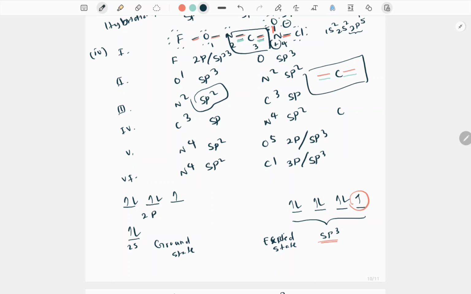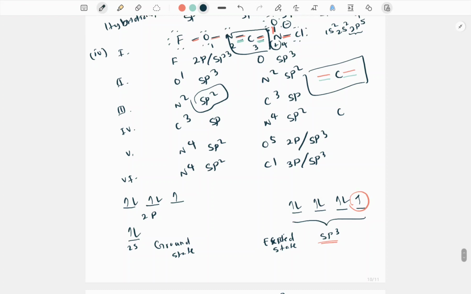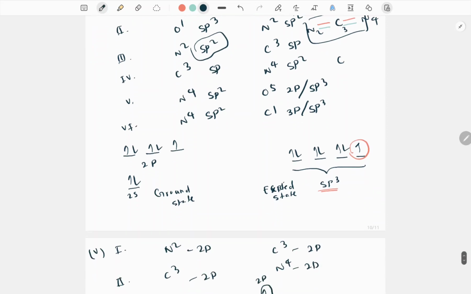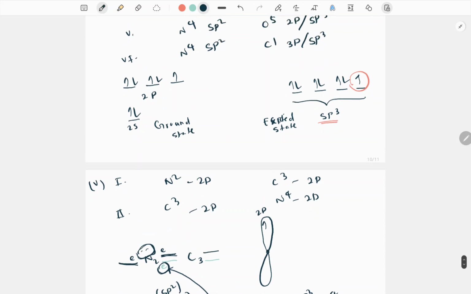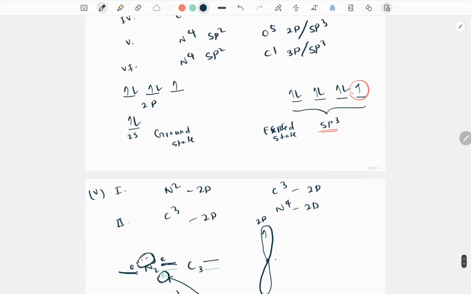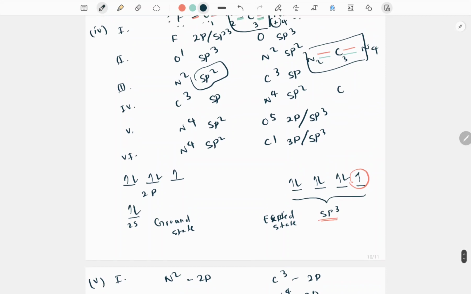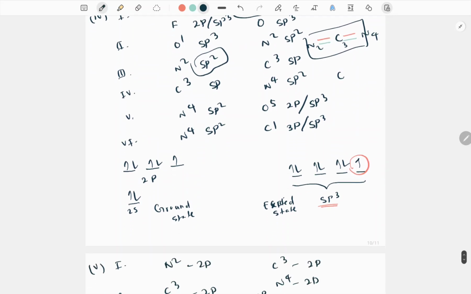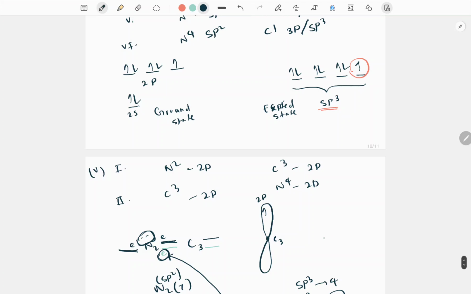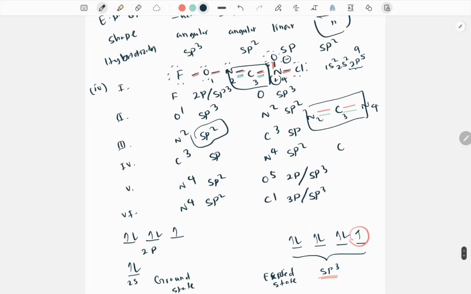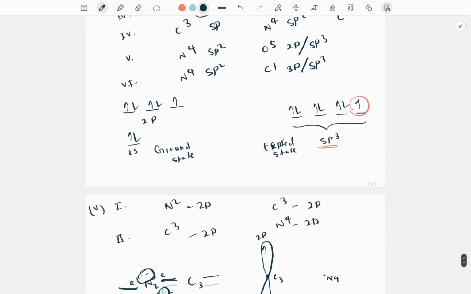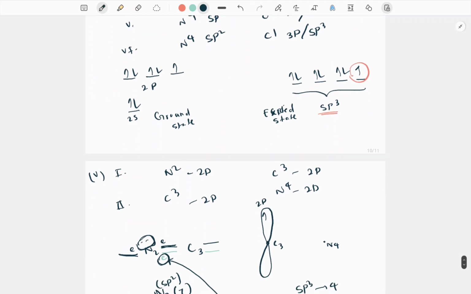And the one here is N2, C3 and N4. If this is the carbon or C3, next let's consider N4. N4 is this one. Surrounding N4 you have another sigma bond, right?